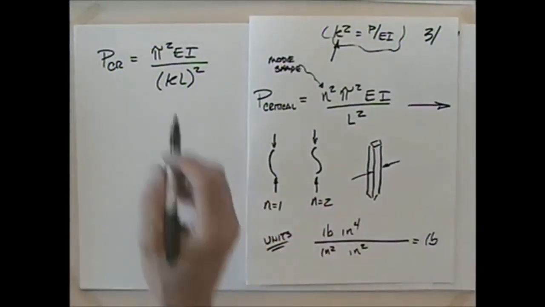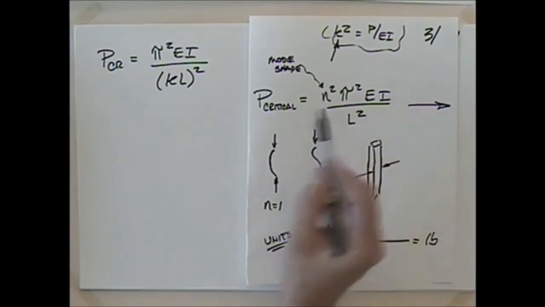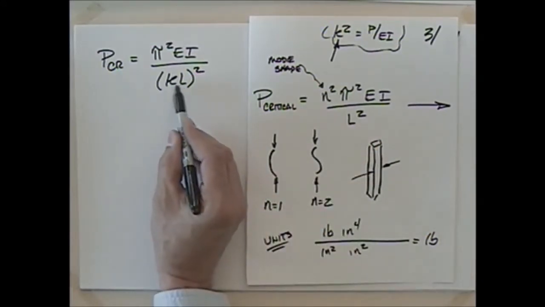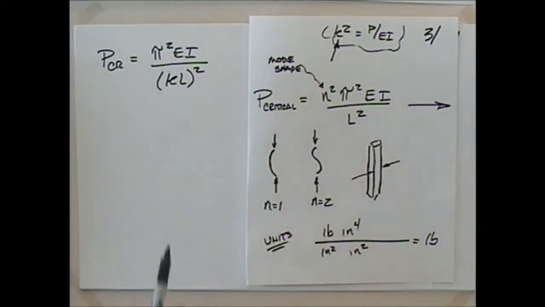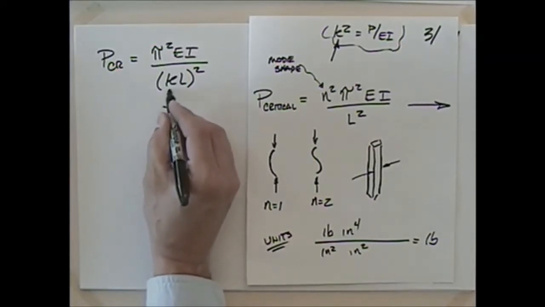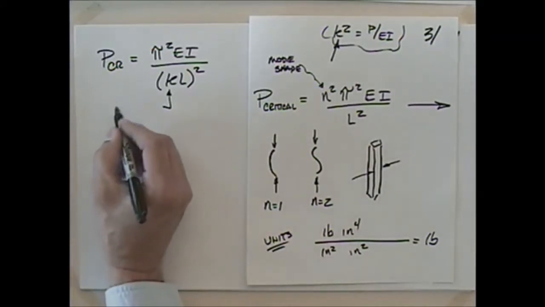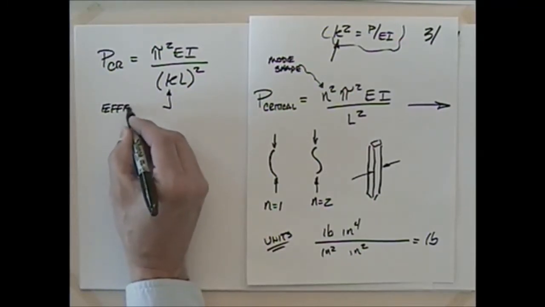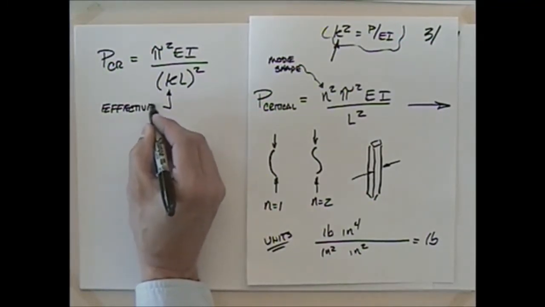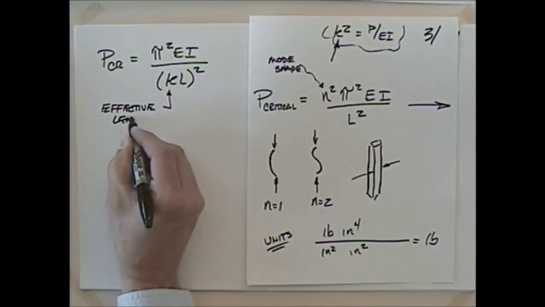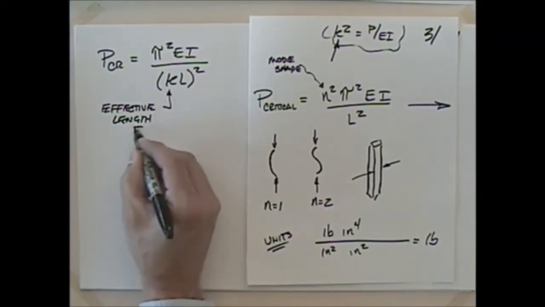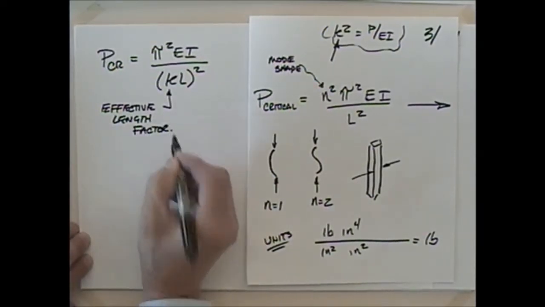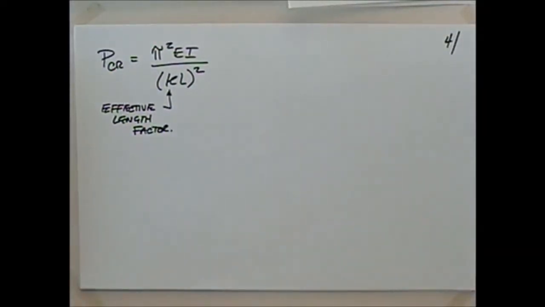Well, what we did is we got rid of this n term up there and we added this term K with L down here. So we changed that a little bit, and this is known as our effective length factor. So this is a little more common way to look at the equation. Those of you going to structural engineering will probably see this quite a bit.